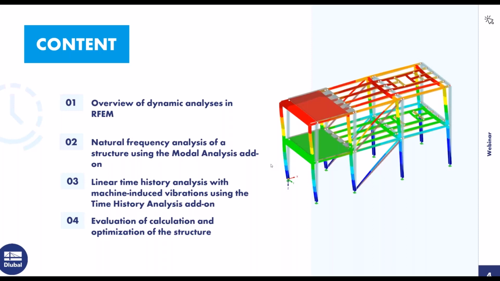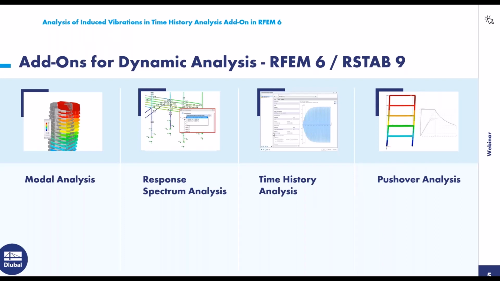Okay, then I'll go on to the next one, and here you see the add-on modules we have in RFEM 6 and RSTAB 9. The first one on the left side is the modal analysis. This is a basic tool in RFEM 6 to calculate the eigenvalues of the structure.